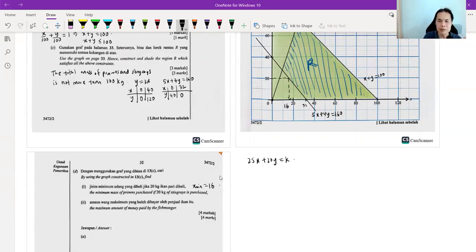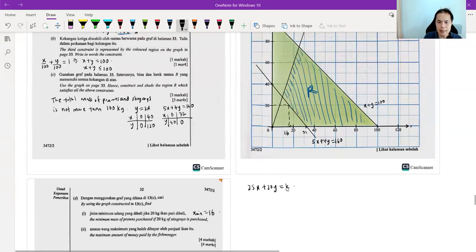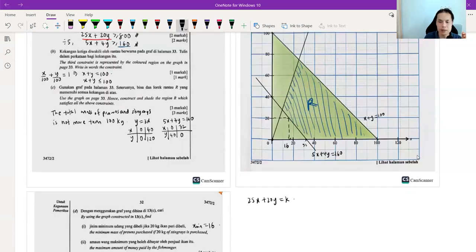Okay. Now remember, this line is actually parallel to the line earlier. The line earlier is 25x plus 20y equals 800 because this is a minimum purchase. Your maximum can be more than that. So we need to draw a line that's parallel to this and move it up, such that the line must pass through at least one point in this region.